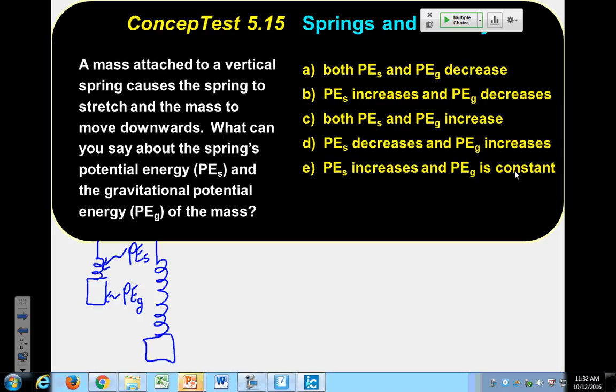So the gravitational potential energy is decreasing. So that leaves only A or B. All these others have PEG increasing. And the potential energy of the spring, because I'm stretching it out more, it's going to have more energy wrapped up in that spring. So the answer here is the spring increases, the gravitational potential energy decreases.